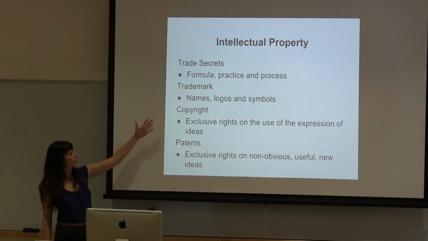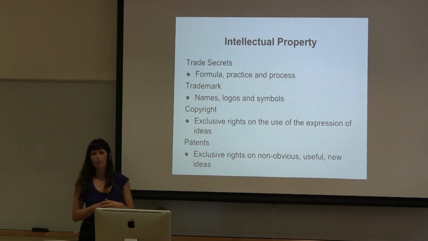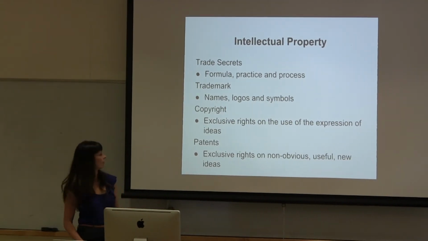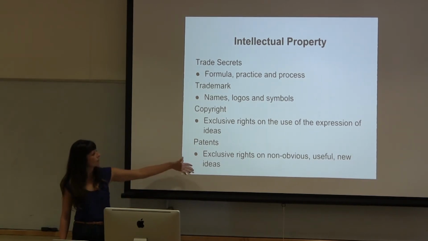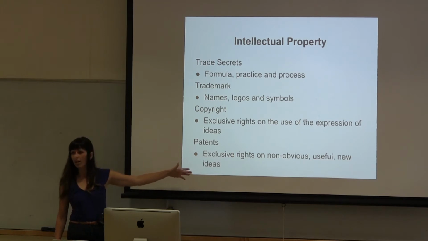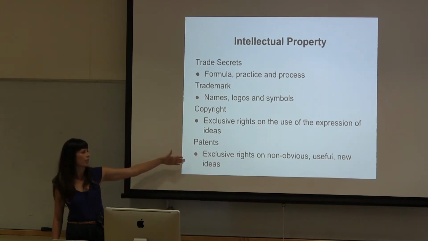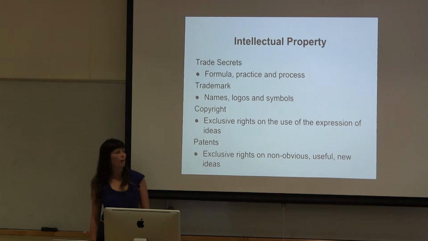So copyright, we get into protecting the expression of ideas. And then patents is when we invent from these ideas. And there are constraints on getting this kind of patent protection. Basically, you have to have something that's new, useful, and non-obvious to the public at large.